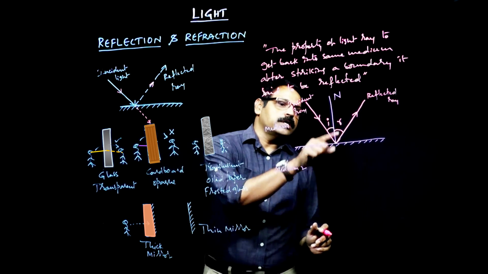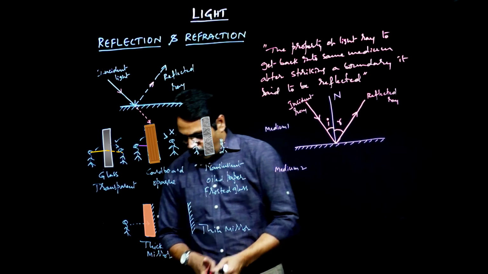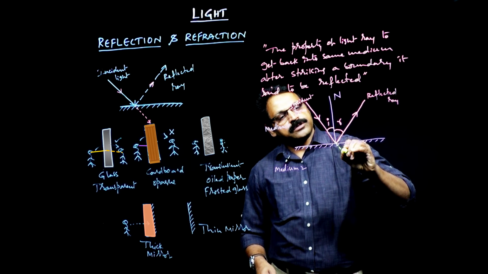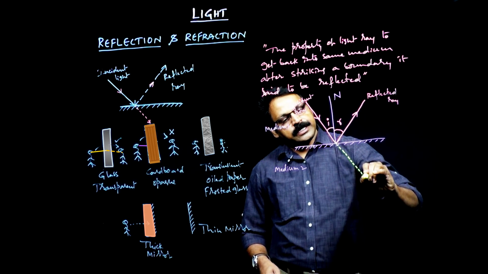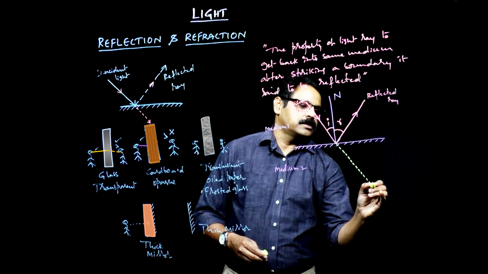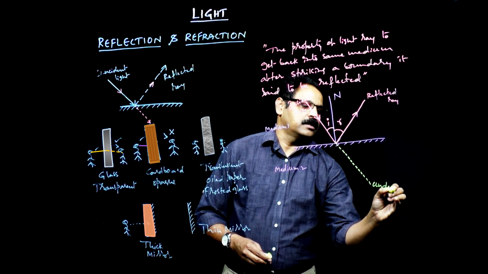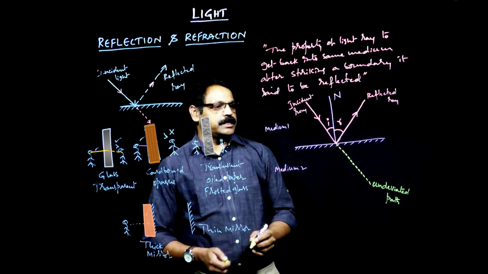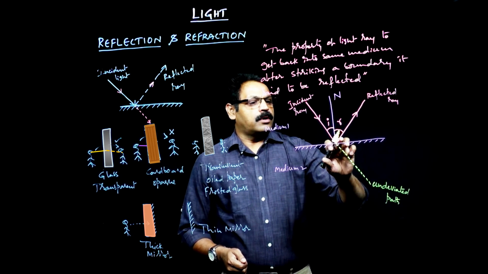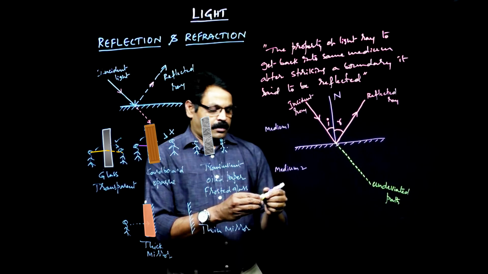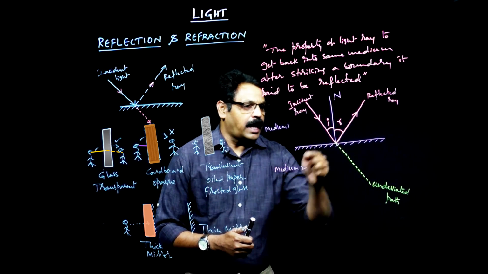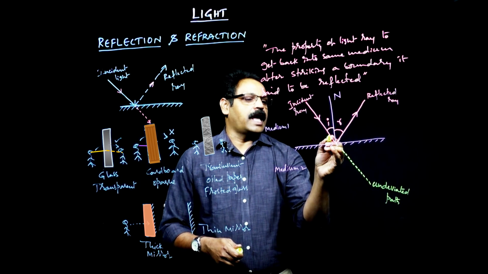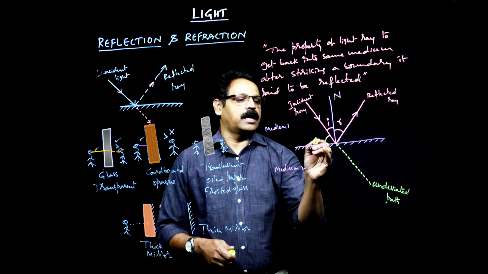Now if it is not undergoing a reflection, how would it have gone? It would have gone in a path like this. So this is called the undeviated ray, undeviated path. From the surface, whatever the angle, whatever the direction of the ray, if at all you measure that, it is called the glancing angle alpha.